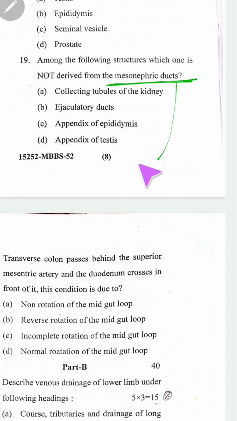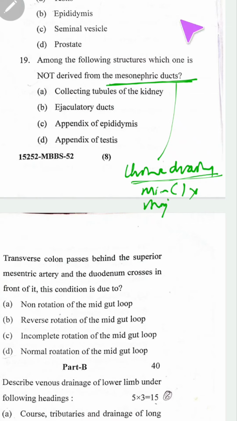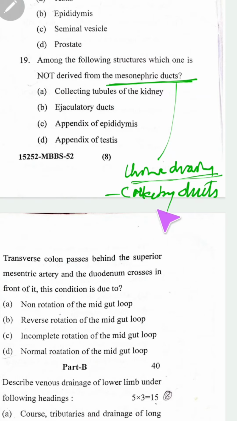Remember, kidney urine drainage collecting apparatus, and that includes minor calyx, major calyx. Before that, there were collecting ducts, the ducts of Bellini. Don't forget, these are also called collecting ducts of the kidney.